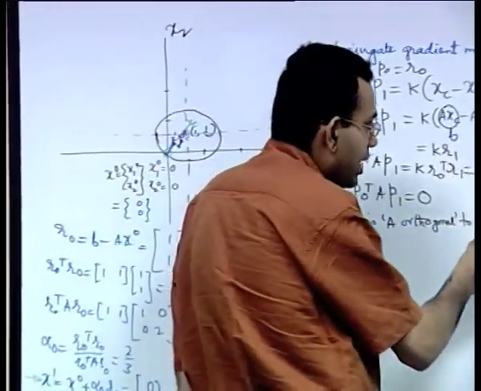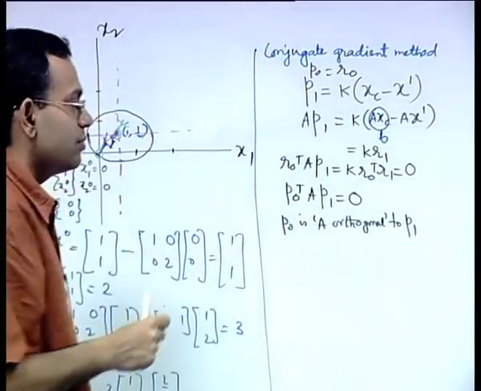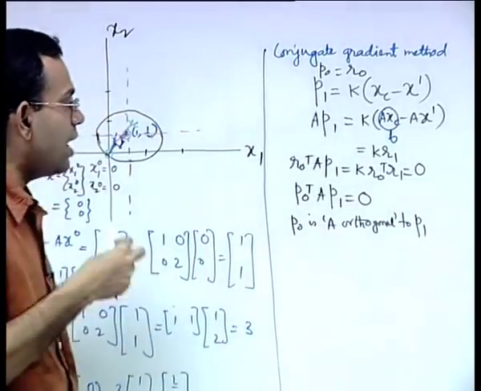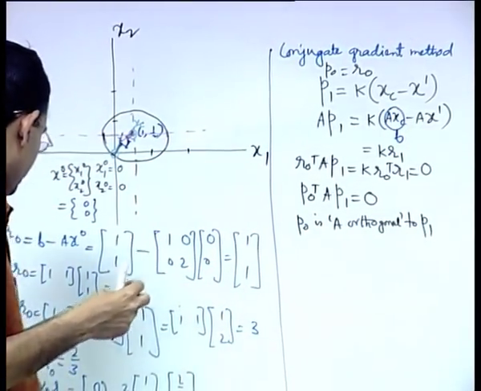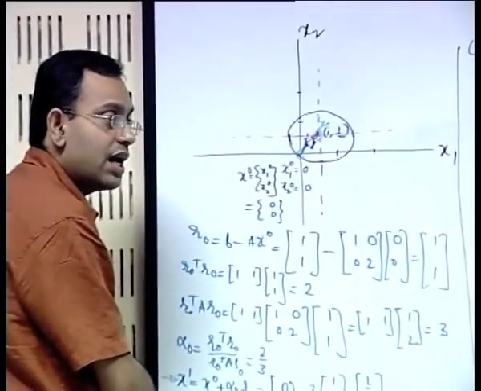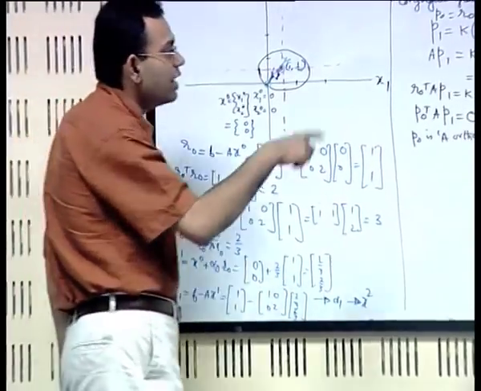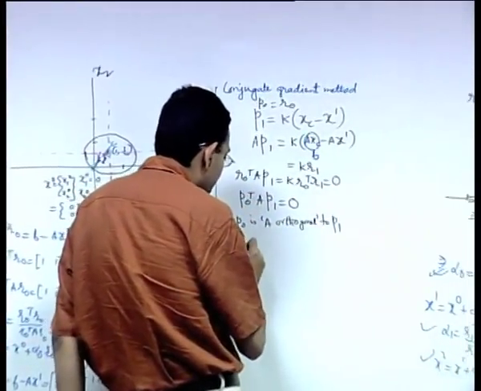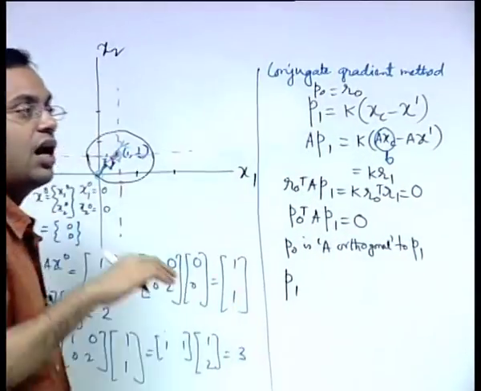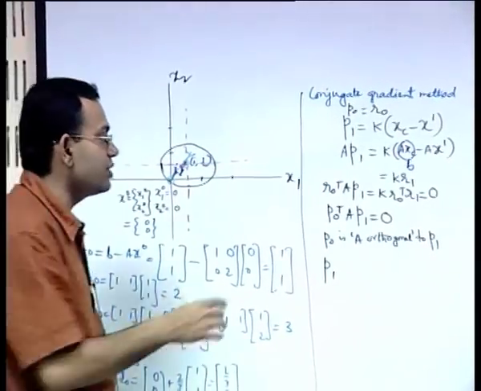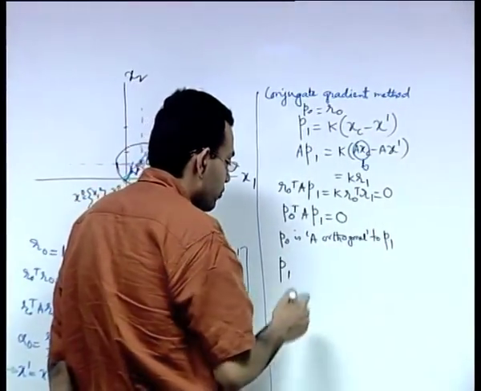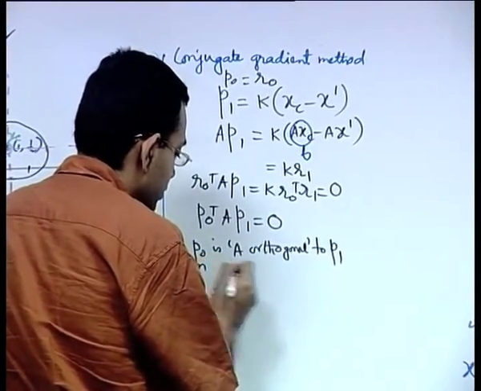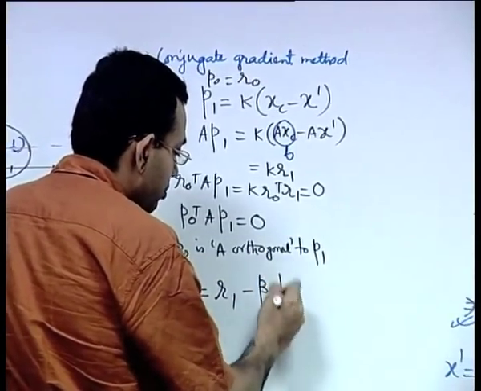So you have to know what p1 is, and at the most what you have in your hand is r1 as one direction and p0 as another direction, which is the same as r0. So you form p1 as a linear combination of r0 and r1 and try to satisfy this relationship. So you form p1 as r1 minus beta 1 p0.